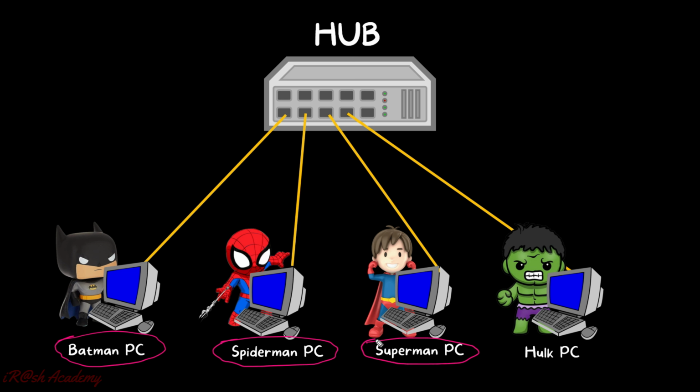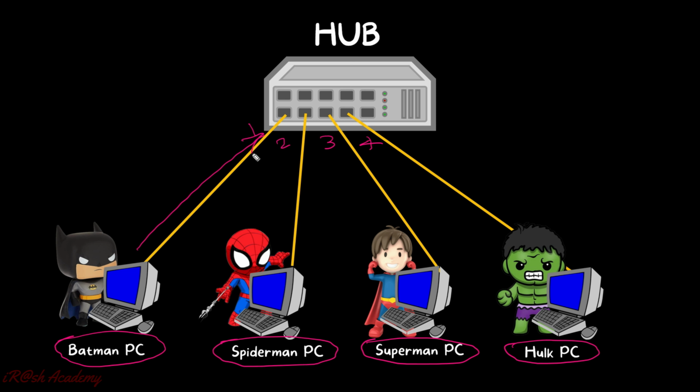Superman PC is connected to interface number 3 and the Hulk PC is connected to interface number 4. So we can name the interfaces 1, 2, 3 and 4. Now let's imagine the Batman PC wants to send some traffic to the Superman PC. First of all, the Batman PC sends that traffic to interface number 1 of the network hub.